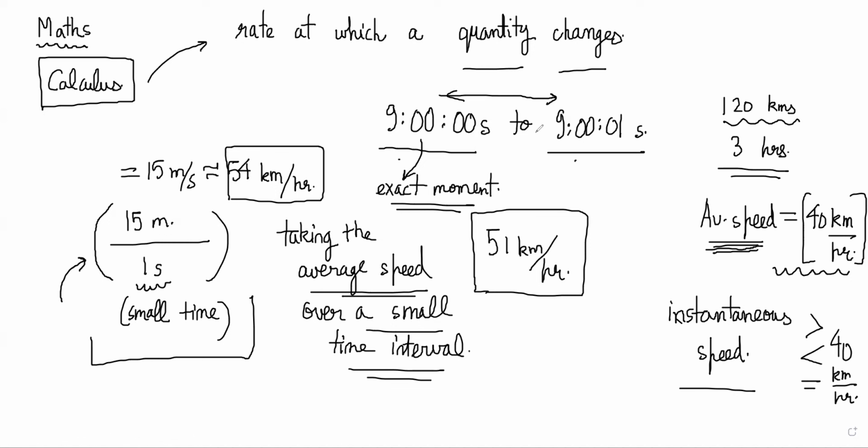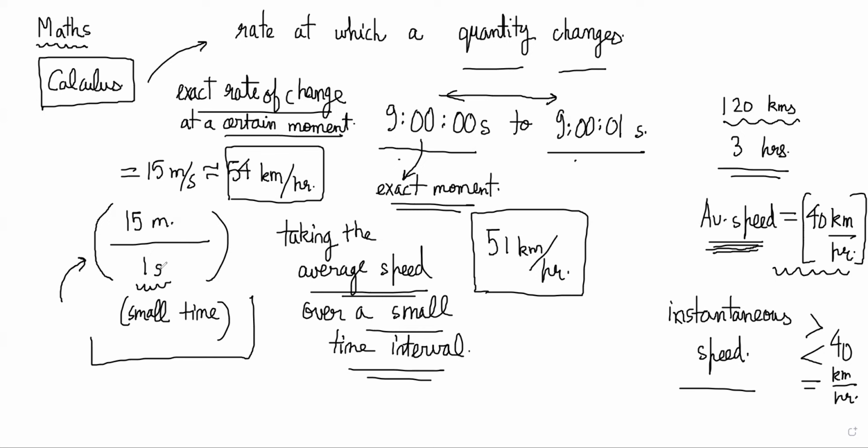So the point is that in all of the maths that you have learned, or all of the physics that you have learned so far, never have you actually calculated the exact rate of change of something. Exact rate of change at a certain moment. Every time you have calculated speed, you have done average speed, right?